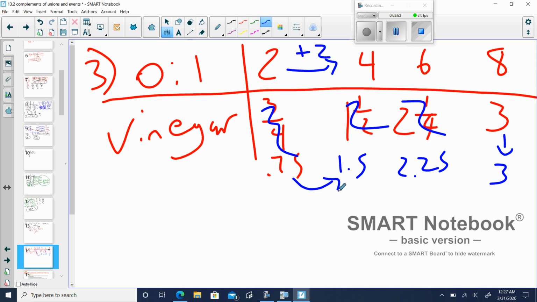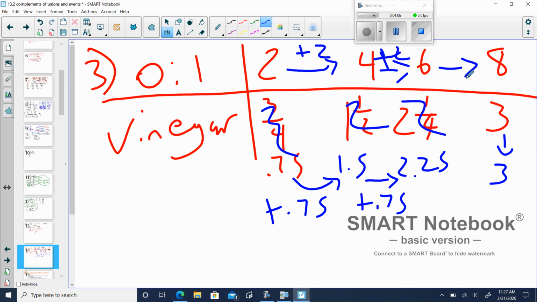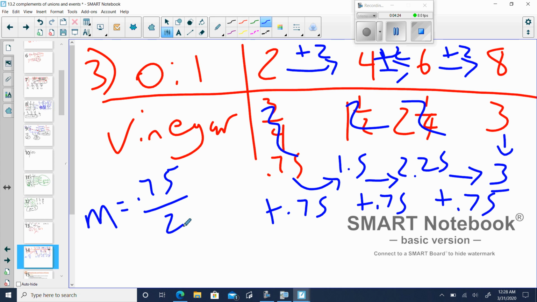I'm going from 0.75 to 1.5, adding 0.75. 4 to 6, going up by 2, going up by 0.75 plus 2. 6 to 8, we're going up 2, and here we're going up 0.75. Now keep in mind though, right, if you tell me that the rate of change is 3/4 of a cup per cup of oil, you're wrong, because it's 0.75 over 2, right?